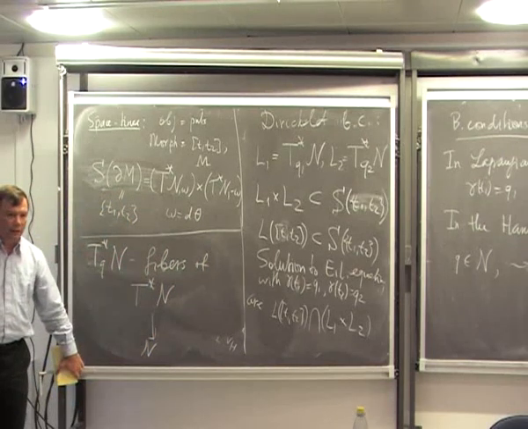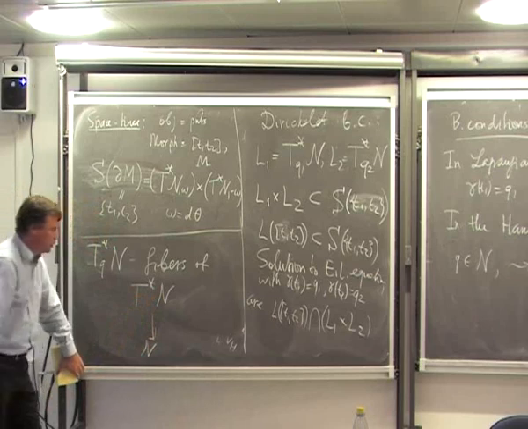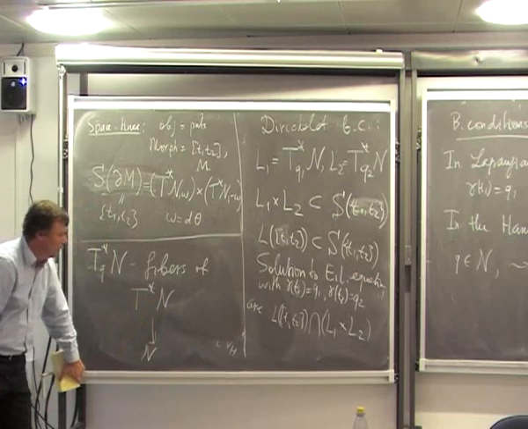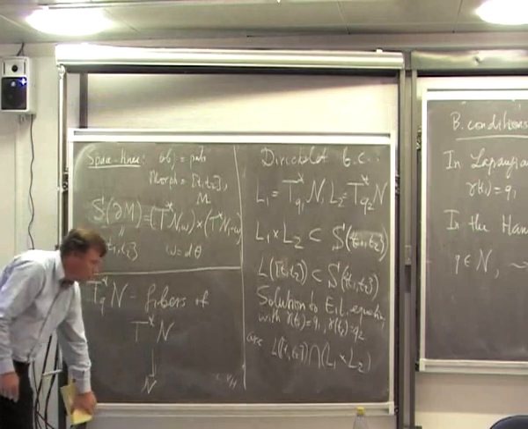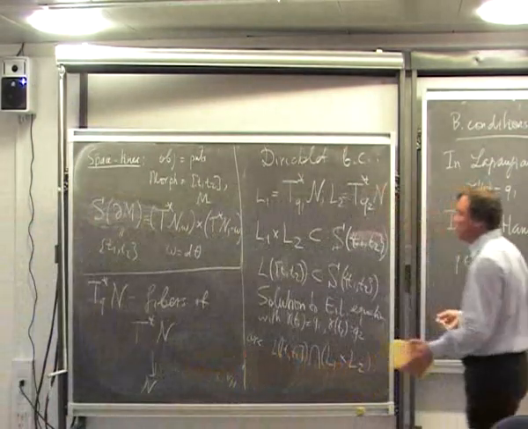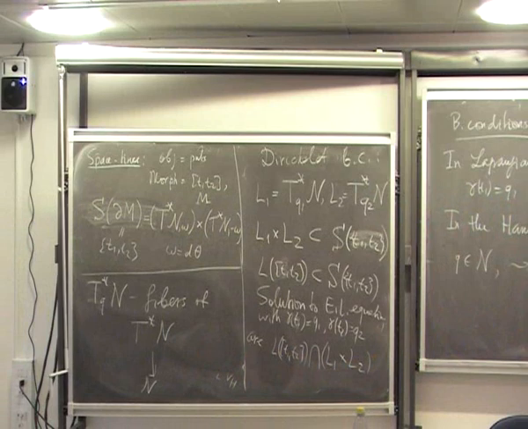It's the projection to N. So you fix Q and then the cotangent directions is the fiber over Q. So you can see that the Hamiltonian formulation of the second order classical mechanics is very similar by nature to what we had in the first order classical mechanics.